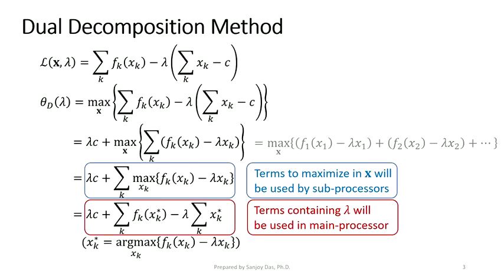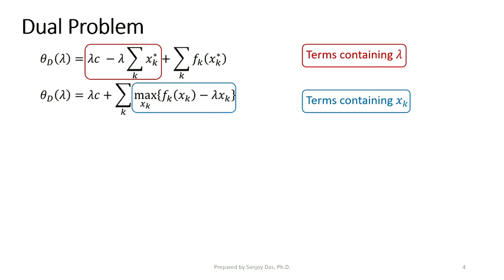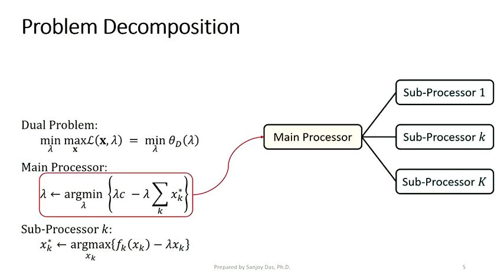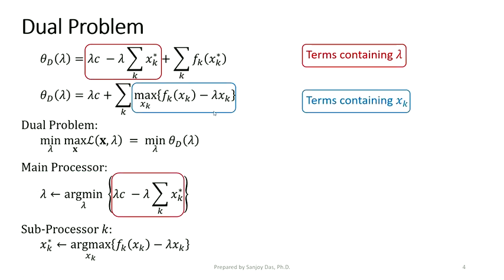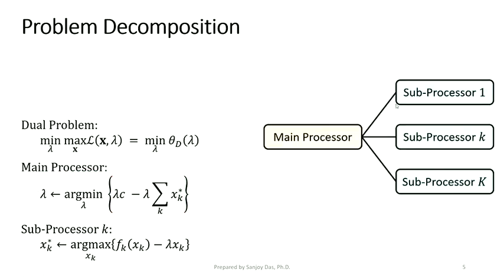Back to here, forget all this. What is the application of this decomposition? If we do not decompose, it will still work, right? Well, what happens is that for each subprocessor, this fk is not known. In our problem, fk is not available to the main processor.